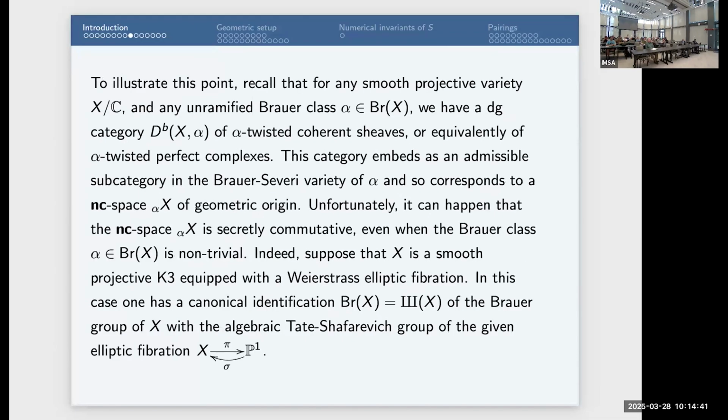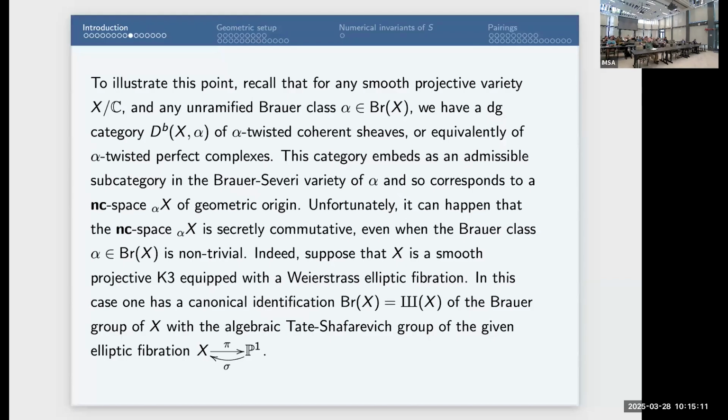So to illustrate the difficulties here, let me remind you that if you have any smooth projective variety X, and a class alpha in the Brauer group, that gives us a DG category D^b of X twisted by alpha, the derived category of alpha-twisted sheaves.